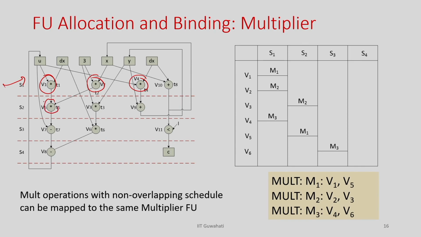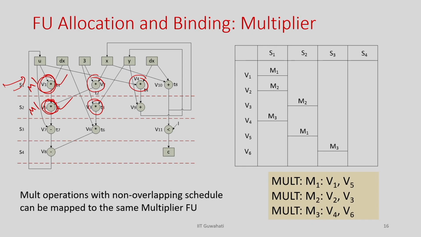But this multiplier is happening in time step 2, and this multiplier in time step 2. So, I can share the same multiplier to do this and this, because in time step 1 this multiplier is going to do the operation V1 and this multiplier is going to do the operation V5 in time step 2.